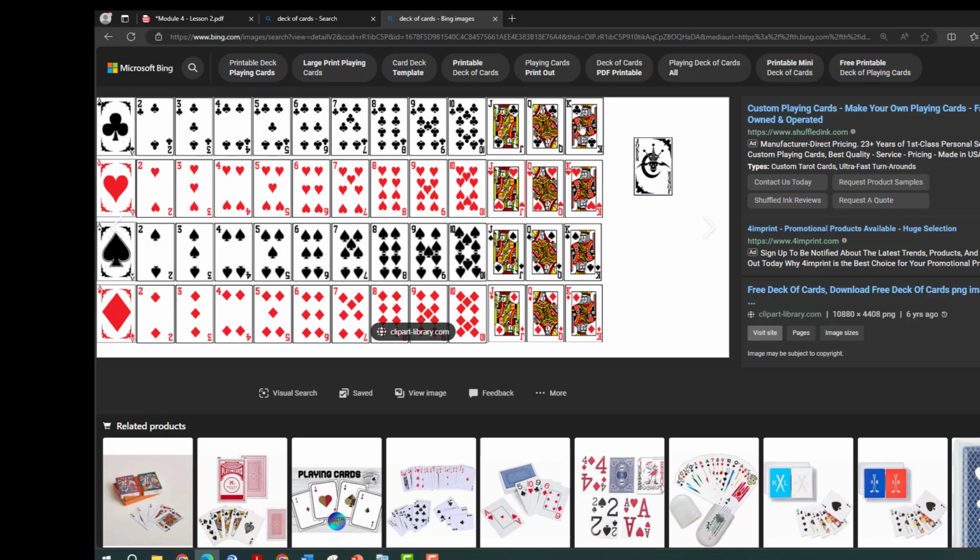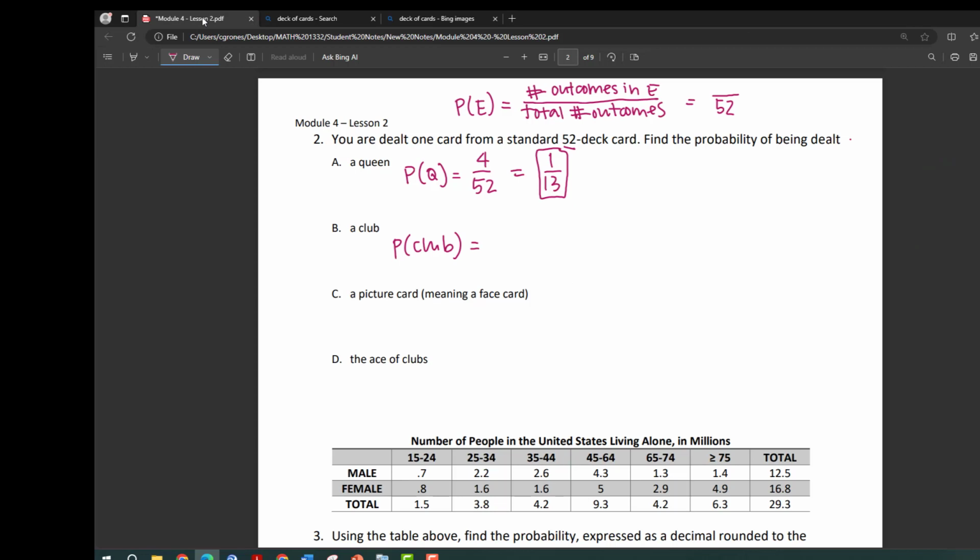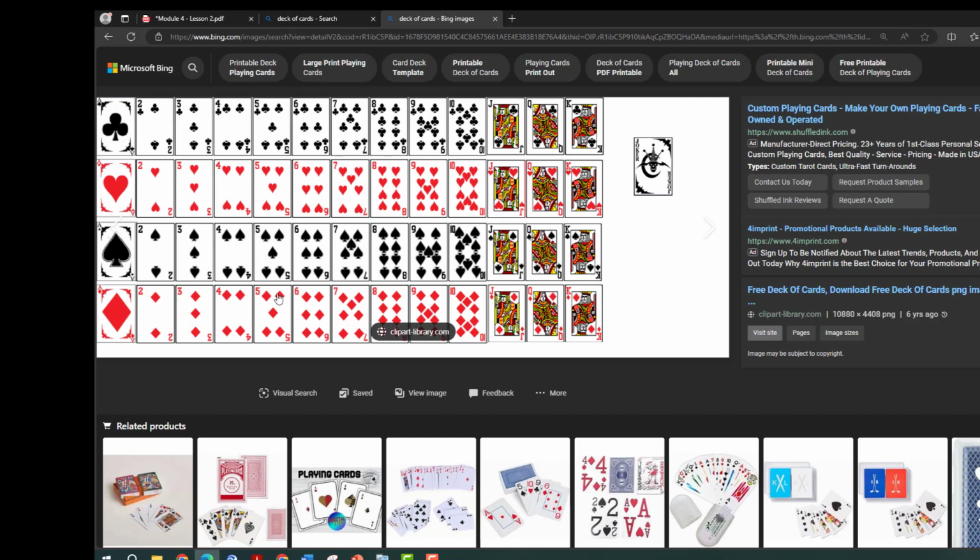And you can go through and count, but there are 13 cards for each different suit. So we have a total of 13 cards that are clubs. So 13 and then 52 for our total number of cards. And this reduces down to 1/4. And that makes sense because the clubs are 1 out of the 4 suits.